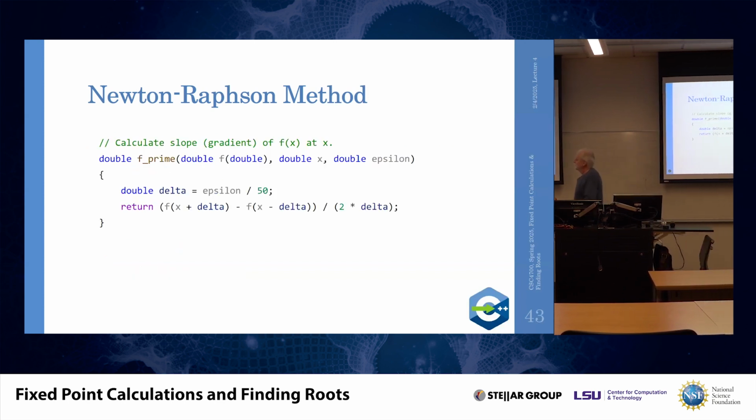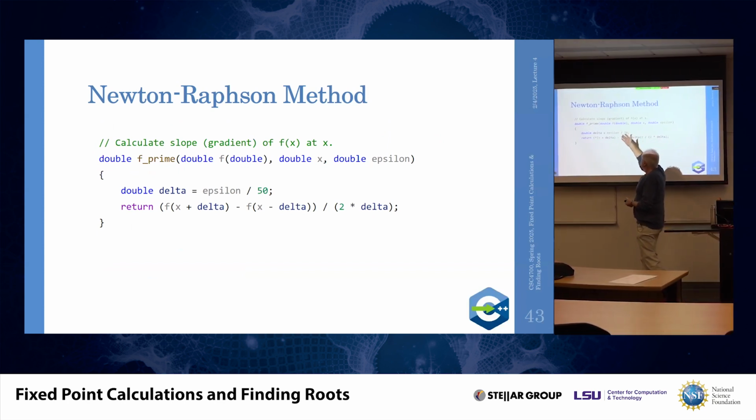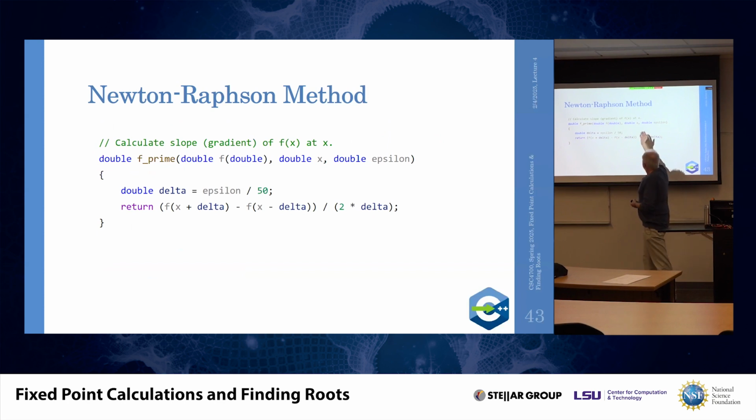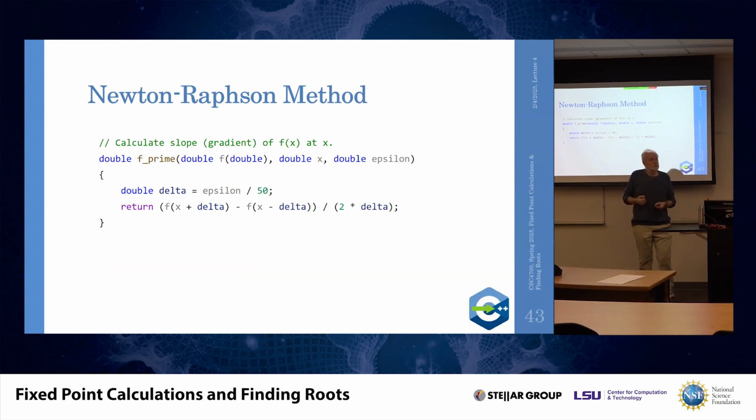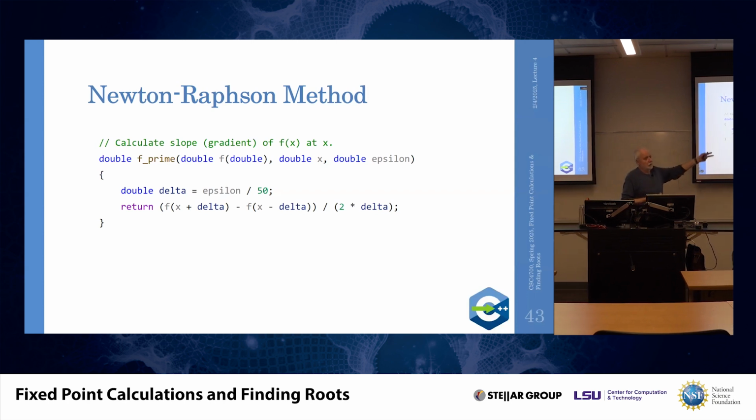Well, what I just propose doing is to define a general function f prime, which takes the function itself, takes the value x at which I want to know the value of the slope, and it takes an epsilon, because we will need that for the computation.